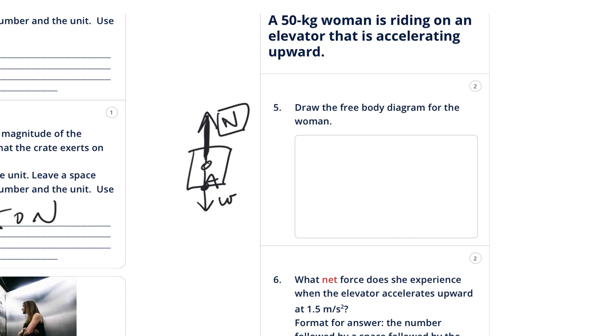A free body diagram would simply be, there's the lady, there's her weight, and there's her normal force. Normal force should be bigger than the weight because the acceleration is upward.